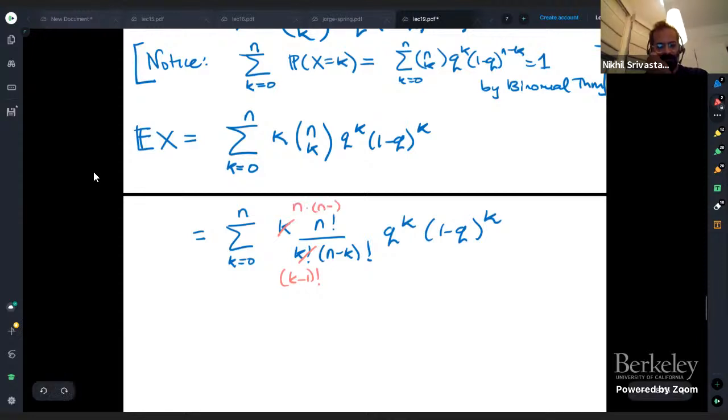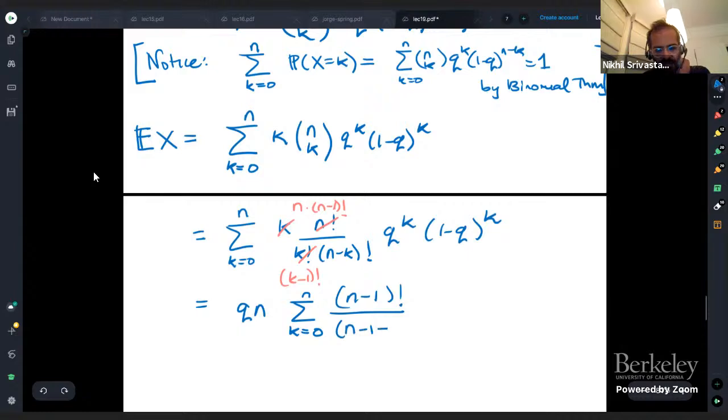You can make this n times n minus 1 factorial. Maybe I shouldn't have crossed it out, but okay. And now you can kind of squint and see that this is actually q times n times the summation, k goes from 0 to n, of n minus 1 factorial over n minus 1... wait a minute.